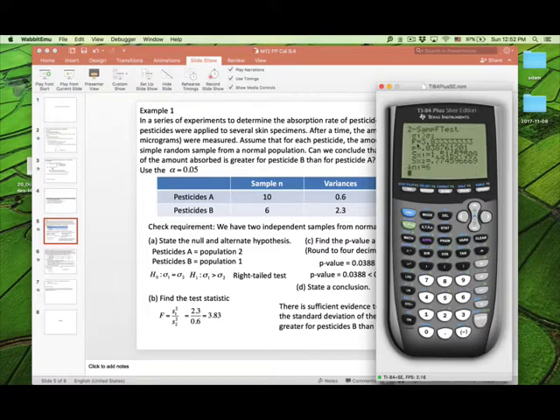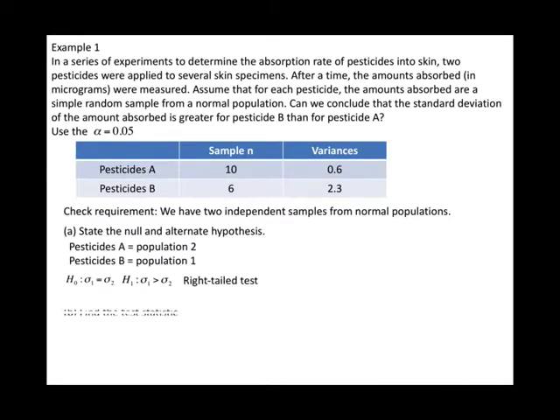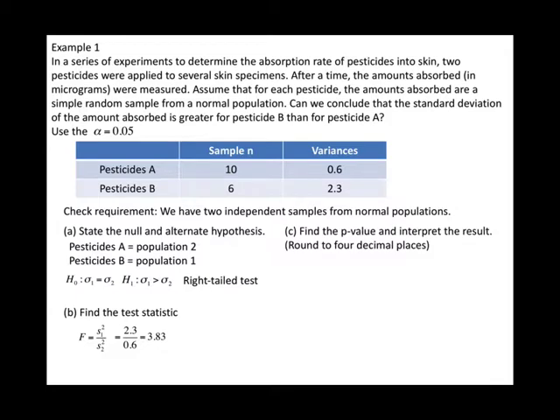Okay, you can see the F distribution, that is 3.83. This is what we got from part B. And then they also give you the p-value, 0.03876. Okay, we go back here. So write it down, the p-value is going to be 0.0388.